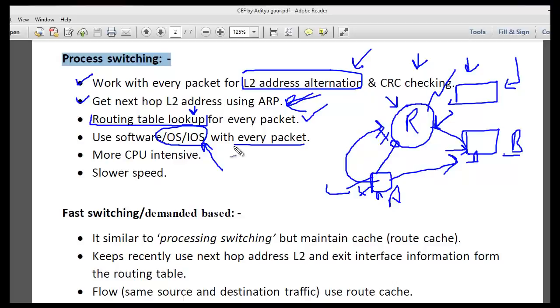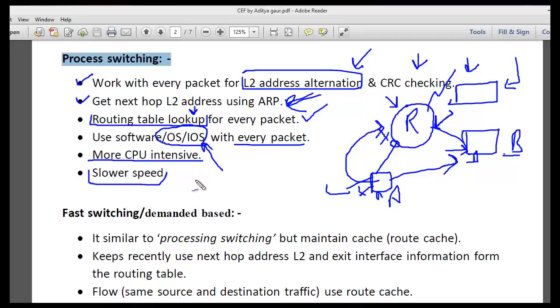So this is more CPU intensive. Every time, with every packet, your router creates more CPU cycles, resulting in slower speed, obviously.